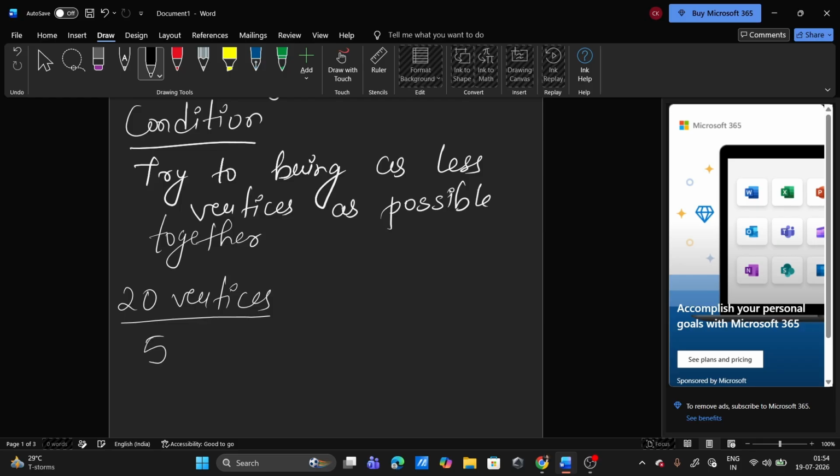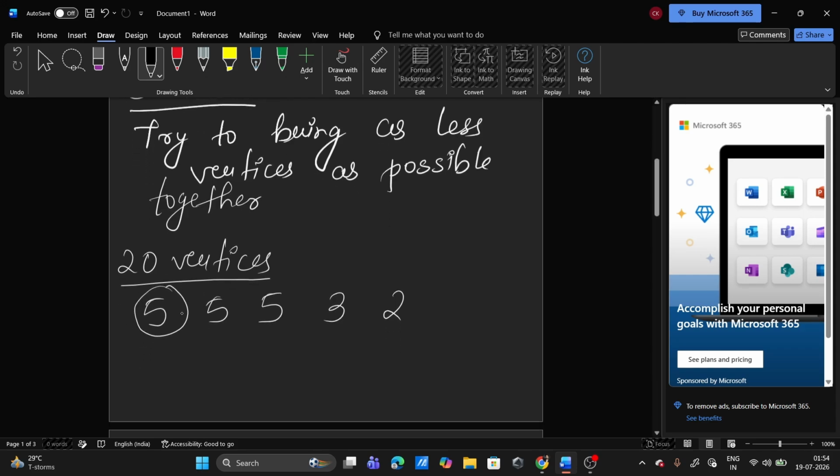One way is 5, 5, 5, 3, 2. So the maximum number of vertices one component has is 5. Can we find another combination which is less than 5? Let's try.